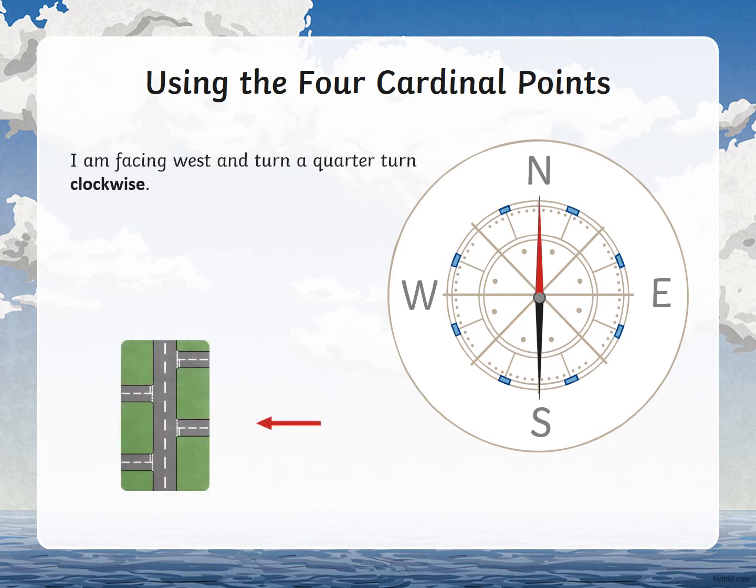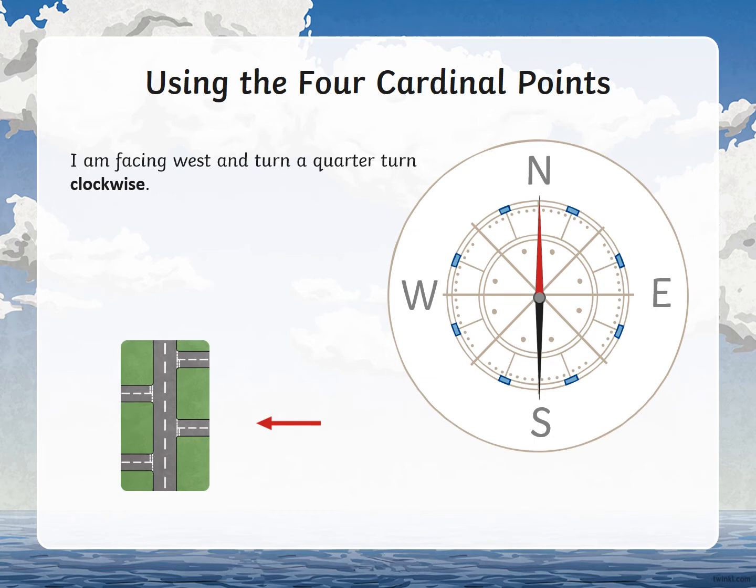So this time we're going to start by facing west, which is where we ended up with the last example. And we're going to turn a quarter of a turn clockwise. So we're going the same way as last time. We're facing west. Remember, if it's clockwise, you will be turning to your right. It does help if you know your left from your right. And it's just one right angle.